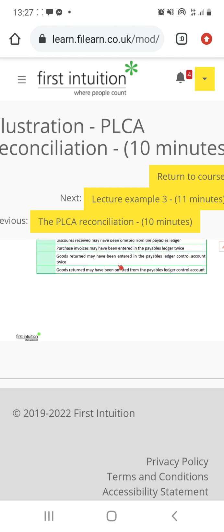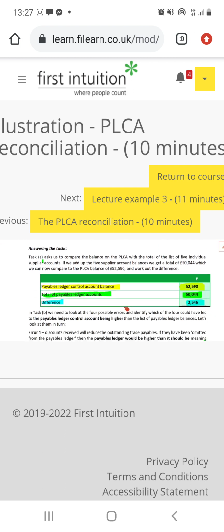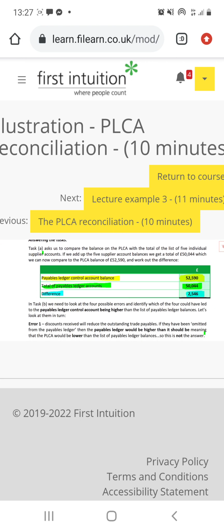Part B, though: tick below the item that may have caused the difference that you have calculated in Part A. So what I'm looking for is a difference meaning that the amount on the payables ledger control account is too high, or that the amount sitting in that list of balances is too low.